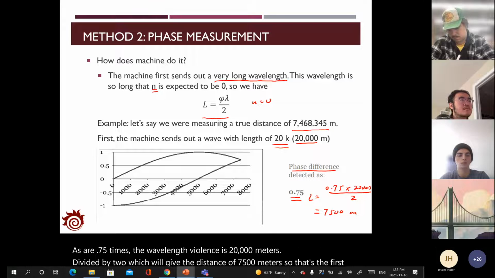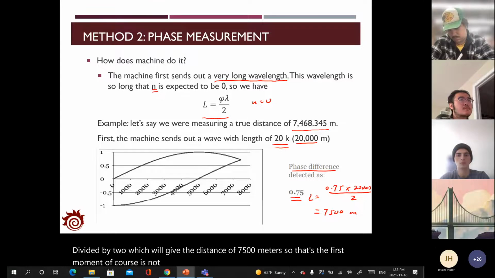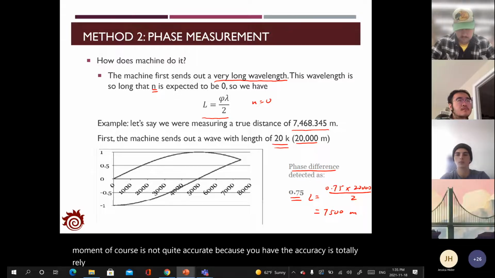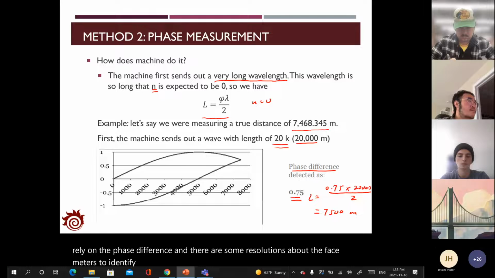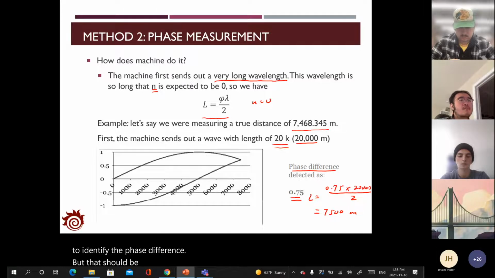Of course, it's not quite accurate because the accuracy totally relies on the phase difference, and there are some resolution limits of the phase meters in identifying the phase difference. But that should be fine. We will have other steps to further increase the accuracy of the distance measurement.